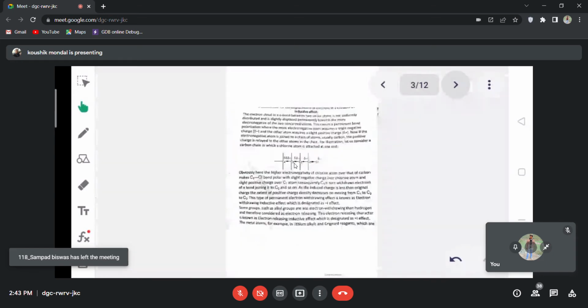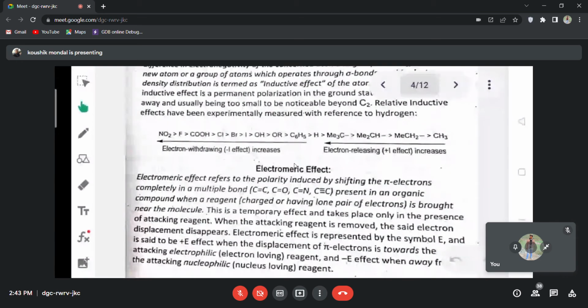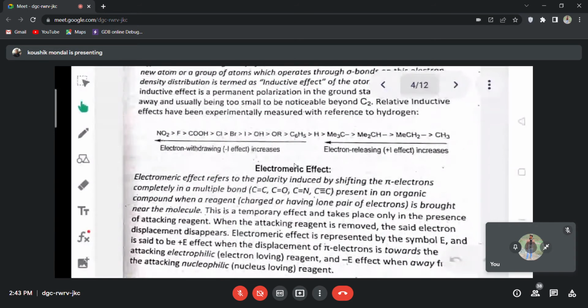I have shown the groups which show the minus I effect, meaning NO2, fluorine, COOH, Cl and all other halogens, and the tertiary methyl group and other substituted methyl groups give the plus I effect.